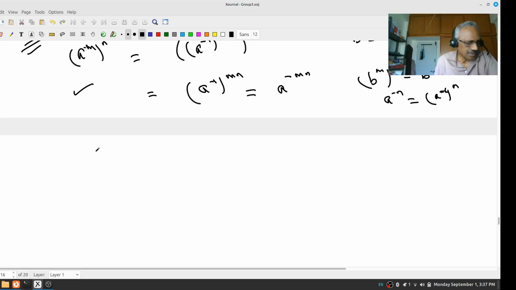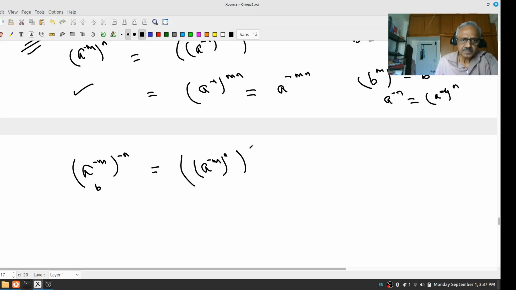The next one I want to do is if both are negative, that is a to the power minus m, to the power minus n. Okay. This one what we will do is think of this as b to the power minus n, where b is a to the power minus m. Therefore it is b to the power minus 1, take its power n and then take its inverse. Right. But notice that by case 1, this is a to the power minus mn inverse.